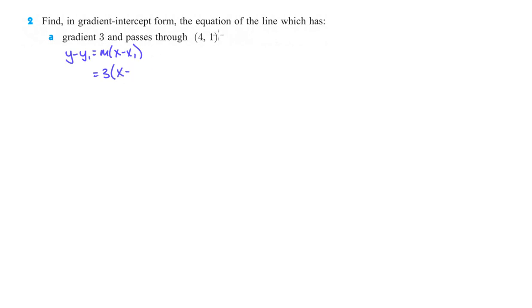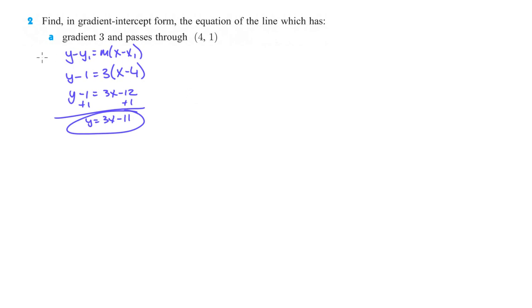And we do x minus 4 and y minus 1, and then simply simplify. y minus 1 equals 3x minus 12. Add 1 to both sides. y is 3x minus 11.